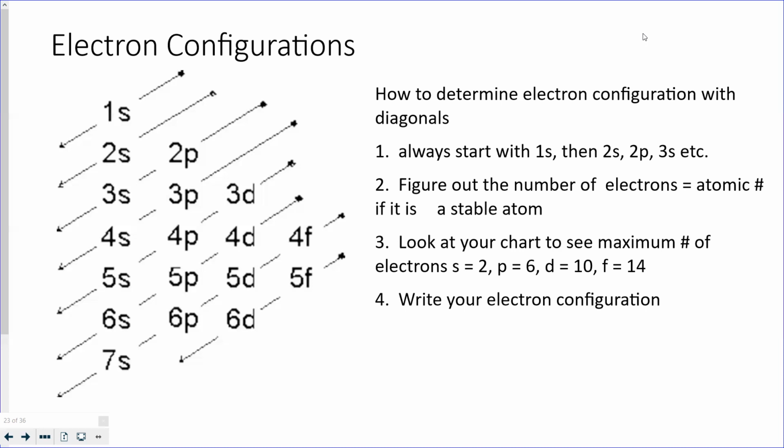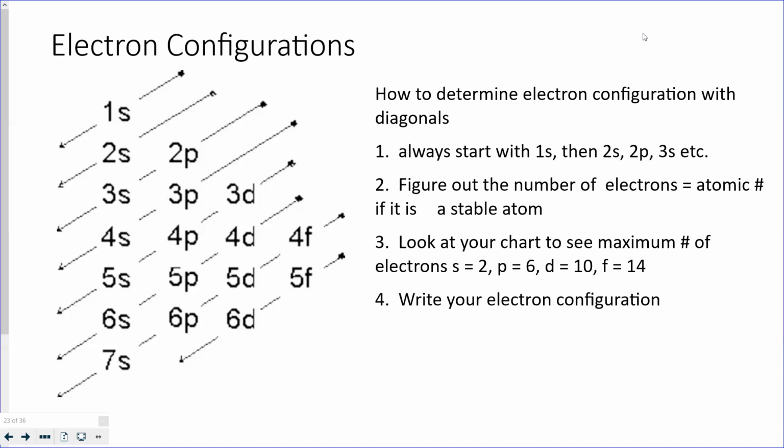We need to make sure that we know how many electrons are in a stable atom of whatever element we're writing an electron configuration for. So remember, the atomic number is our number of electrons for that atom.